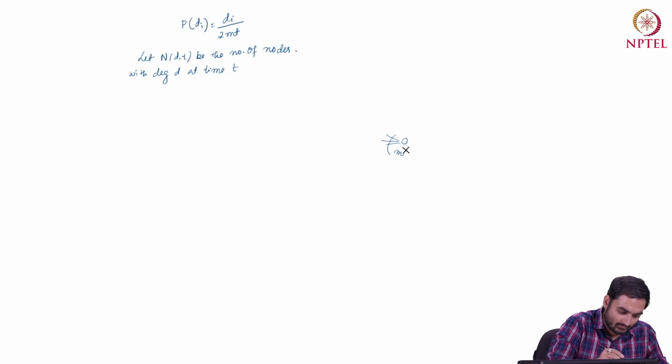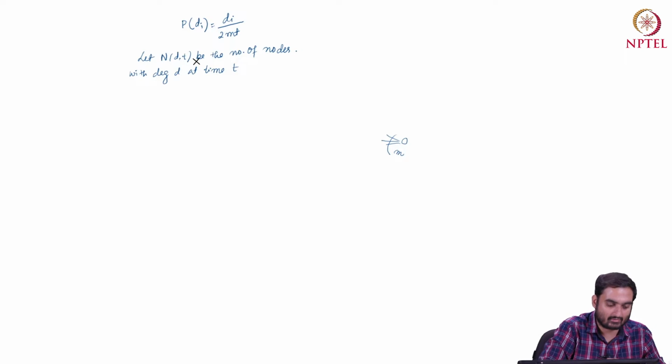Okay, so let n(d,t) be the number of nodes having degree d at time t.